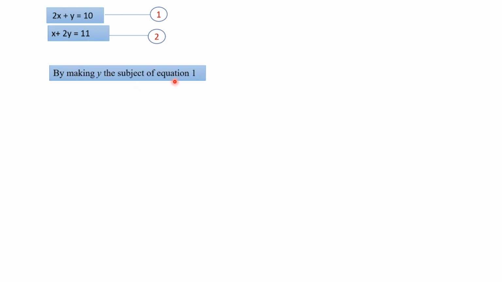By making y the subject of an equation first, I pick up the first equation. I can take the second equation also, and if I take the second equation, I am making x the subject. What is the reason? I can easily make x the subject by shifting 2y to the other side; it is minus 2y. x equals 11 minus 2y.